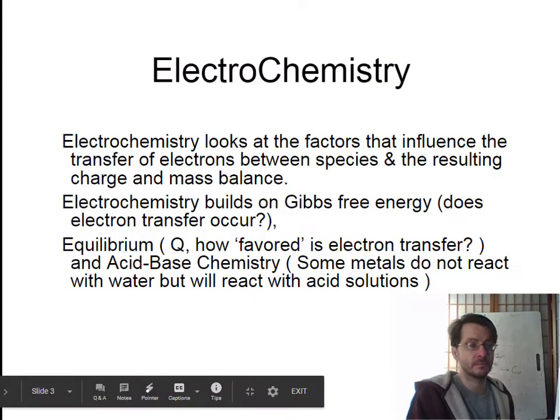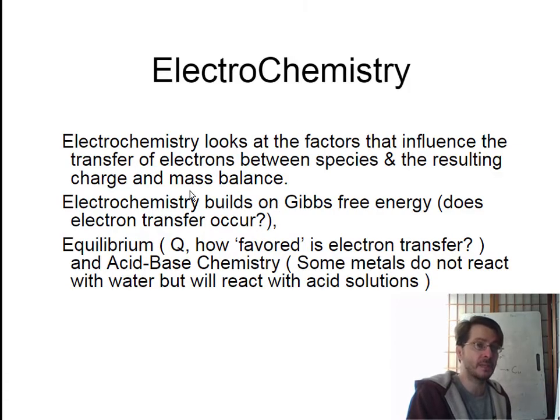Right? So electrochemistry, in short, looks at the factors that influence the transfer of electrons between species and the resulting change in charge and mass balance. It builds on Gibbs free energy, we talked about, whether or not it's a spontaneous transfer of electrons or a non-spontaneous transfer of electrons, and how we can alter the spontaneity based upon equilibrium and non-equilibrium conditions, plus acid-base chemistry.